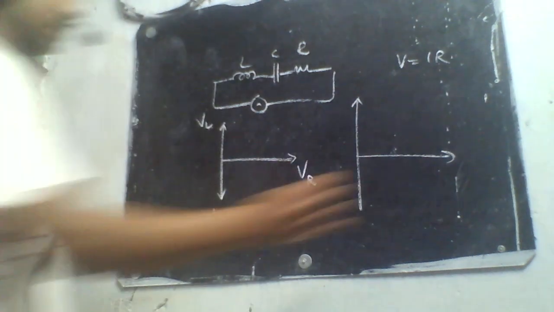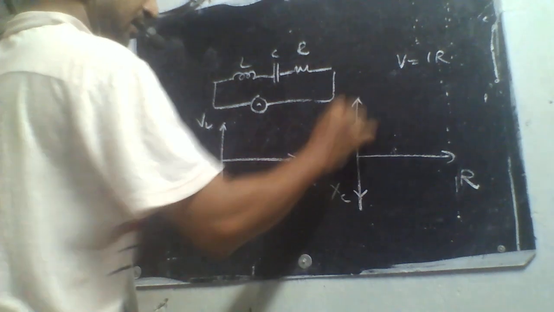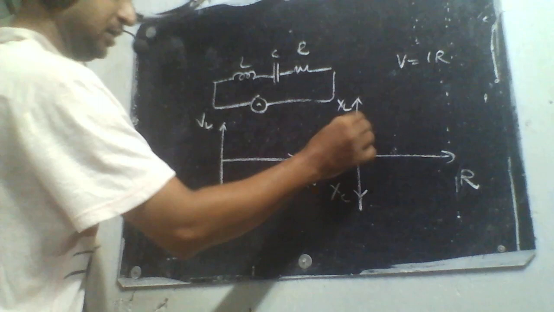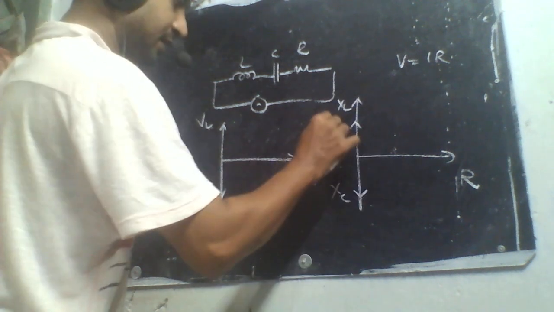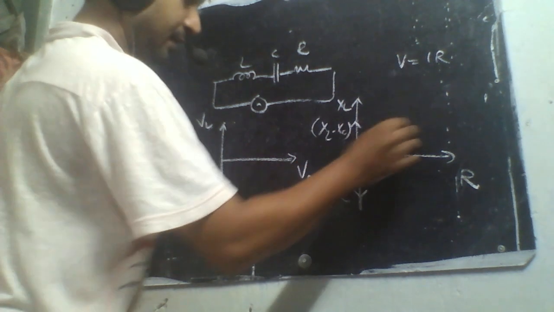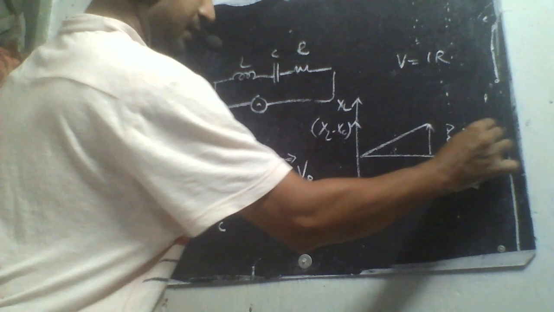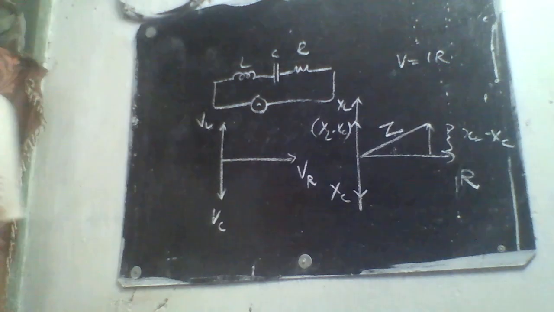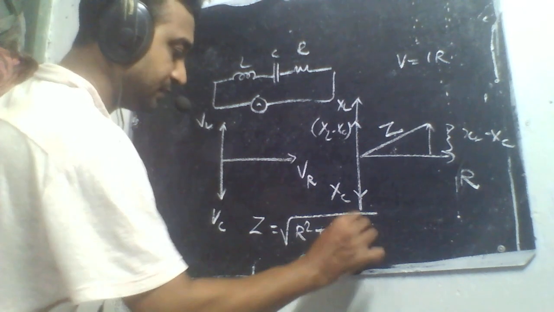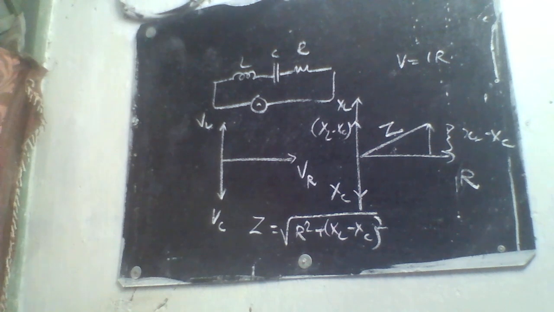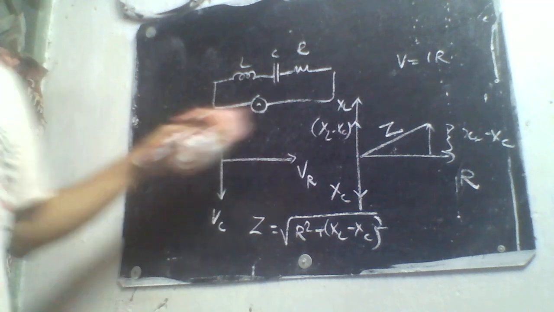I is common for all, so I can write R here, then XC here, then XL here. Then if I take this to the other quadrant, this difference will be equal to XL minus XC. If you consider this as XL minus XC, then this will be the impedance of the circuit. That is how you get the equation Z is equal to root of R squared plus XL minus XC the whole squared. So this Z means the impedance offered by the whole circuit.